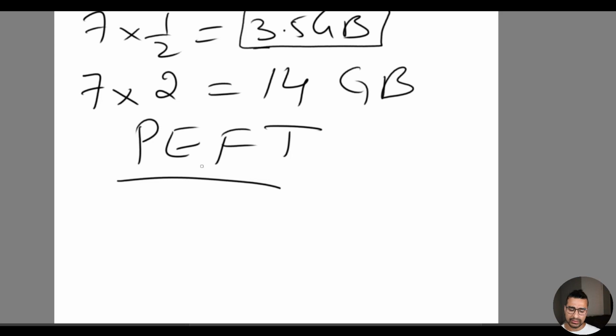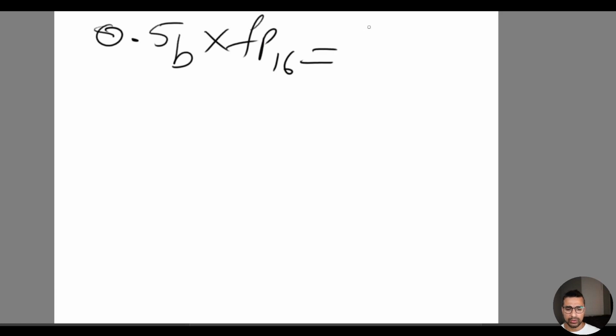So what PEFT says is, instead of loading all the parameters, all you have to do is load the necessary parameters and fine tune those. So let's say you are only trying to fine tune 500 million, that is 0.5 billion. These half a billion parameters have to be loaded on FP16, which is equal to 1 GB. But these are the PEFT parameters which you are loading, so you have to compute gradients on them, right?